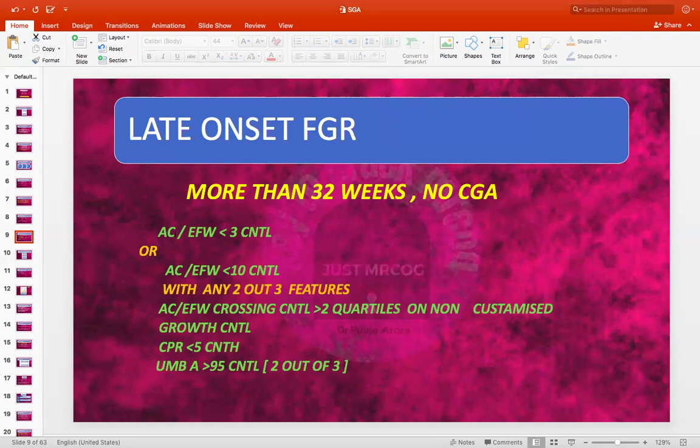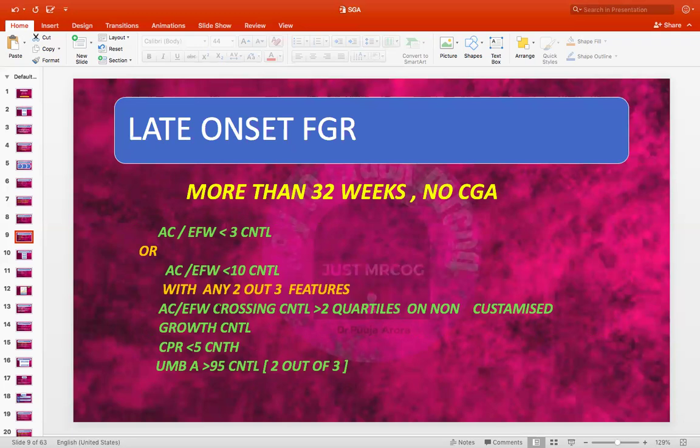Again, AC and EFW less than 3rd centile, or less than 10th centile. And I always say, whenever there is less than 10th centile, it has to be associated with other features.